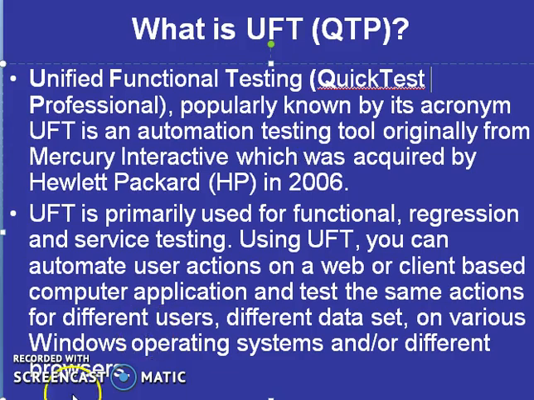UFT is primarily used for functional regression and service testing. Using UFT, you can automate user actions on a web or client-based computer application and test the same actions for different browsers, different data sets, on various Windows operating systems.